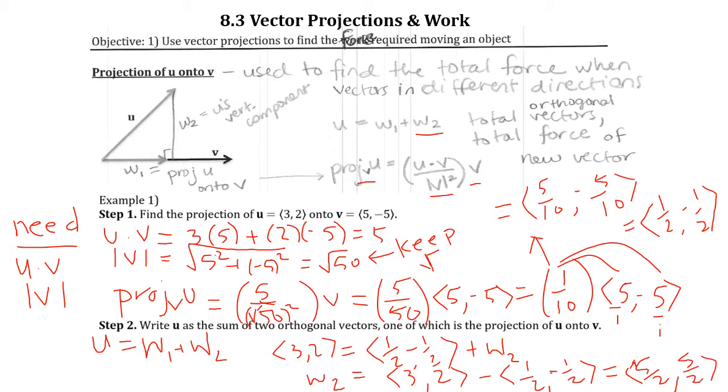And so when you put this back in, the final answer here is 1/2, negative 1/2 plus 5/2, negative 5/2.